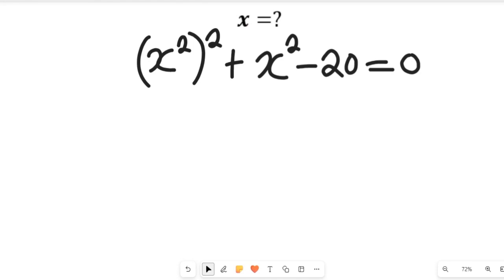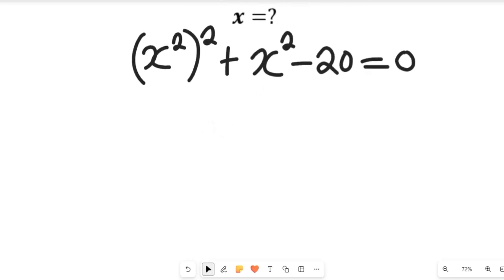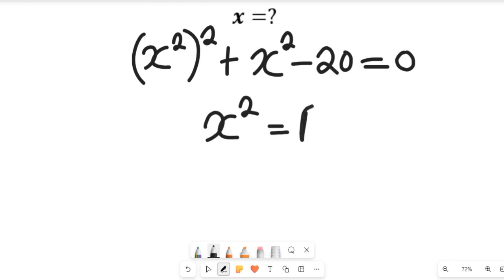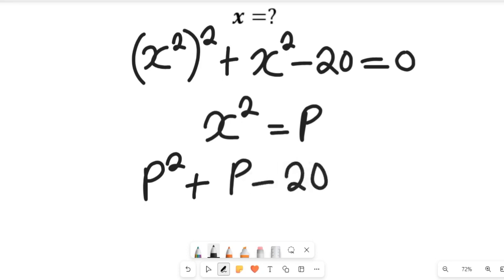So having gotten x to the power of 2, let's assume that x to the power of 2 is equal to p. So this equation will now give us p squared plus p minus 20, and this will be equal to 0.